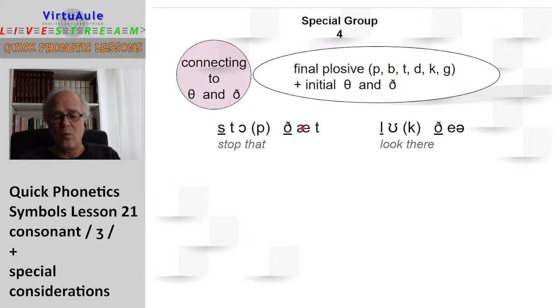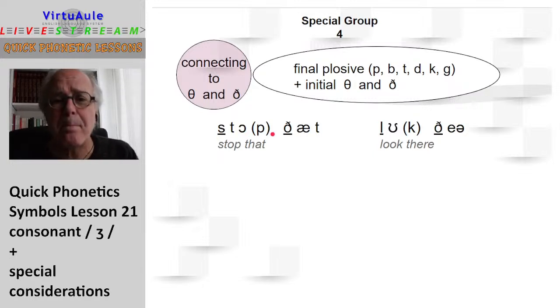And so what we have is an unaspirated plosive. So I don't say stop, but I stop. You see, my mouth stops. I'm forming the plosive, but I'm not exploding it.